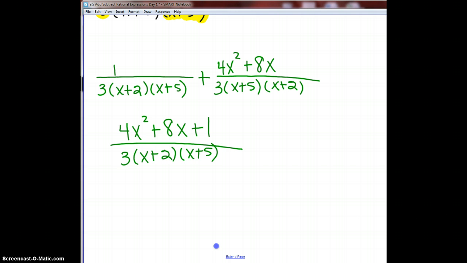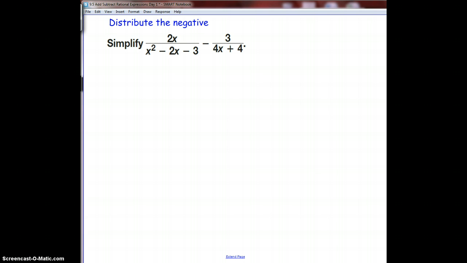On a test or a quiz, which you guys have a quiz coming up on Friday, I will be very specific if I want restrictions stated or not. On this, I do not need restrictions stated, so I'm just going to box in my final answer. That's it. All right, let's move on to the next example.